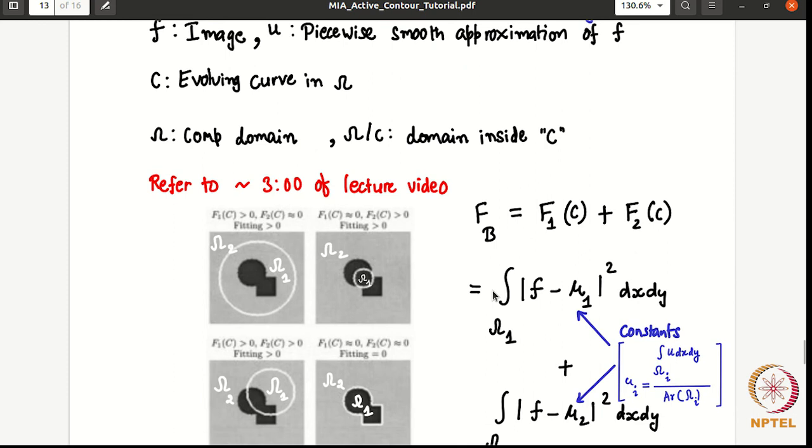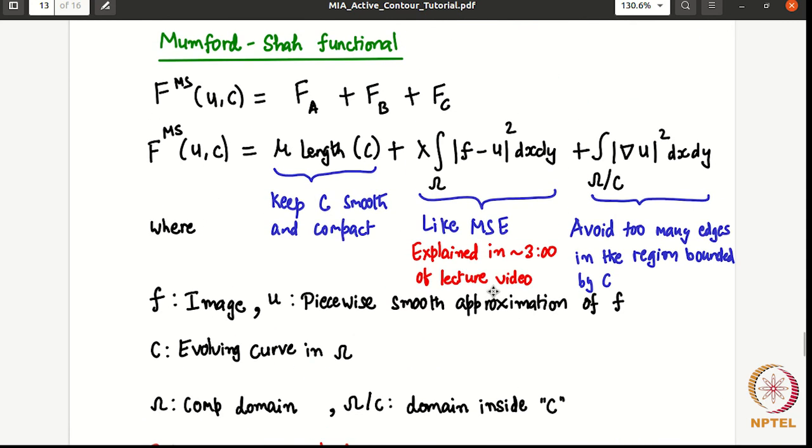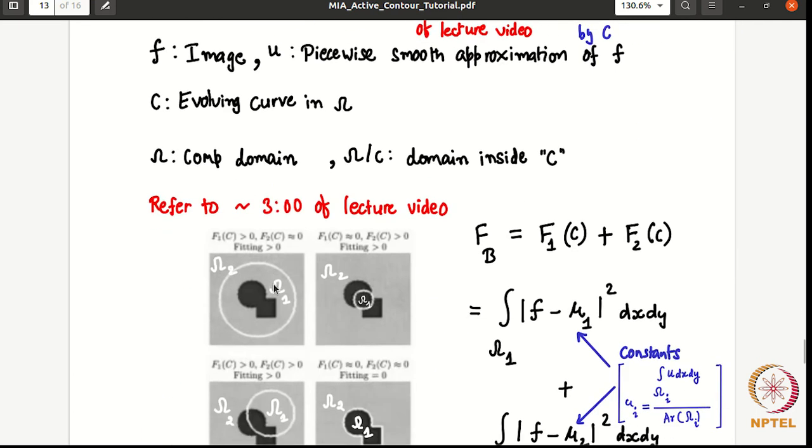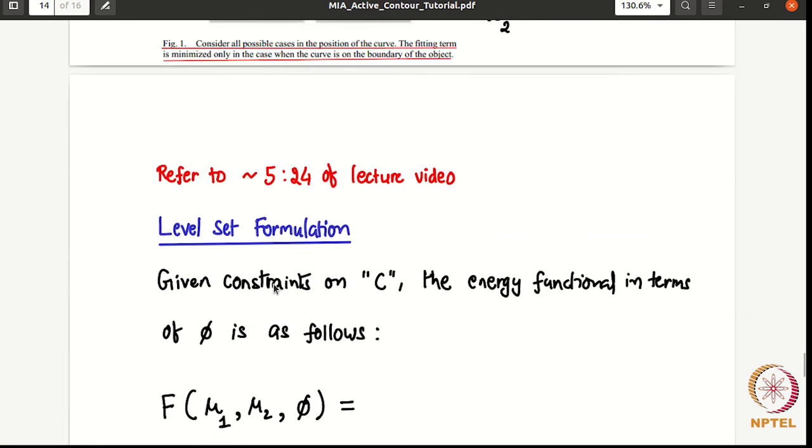Just like in the last two approaches, once we have a functional written in terms of C, and we want to use level set formulation, we need to find a way to write this functional in terms of phi.